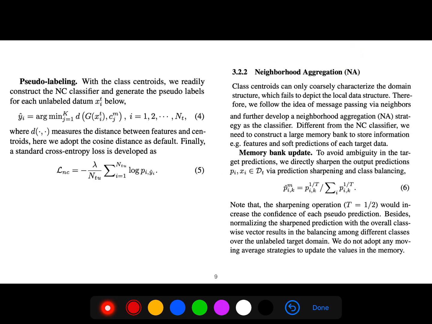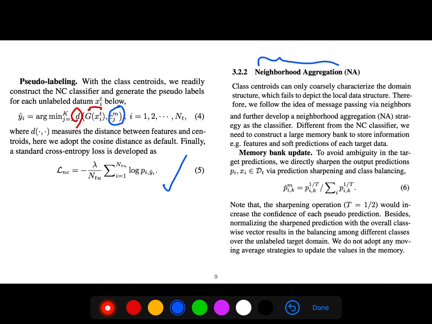And for pseudo-labeling with the class centroid, we readily construct that NC classifier and generate the pseudo-labels. D here is just the distance between these features and these centroids. Here we adopt the cosine distance as a default. Finally, you use cross entropy.